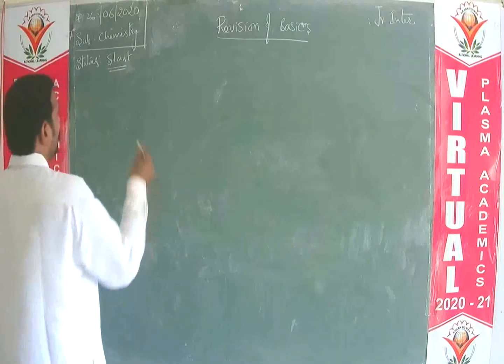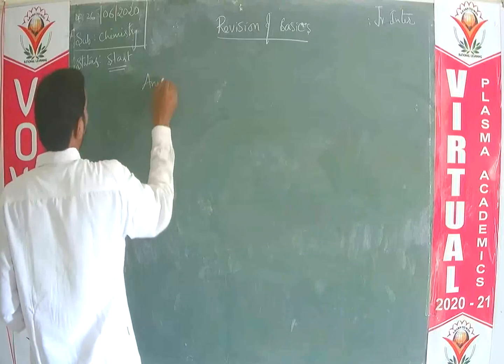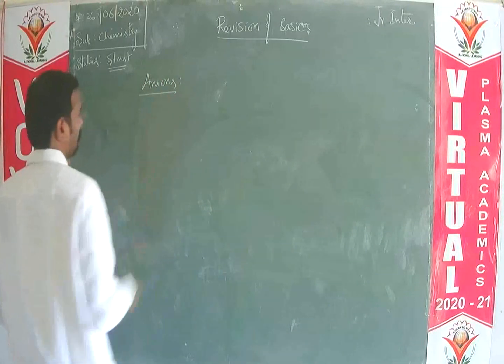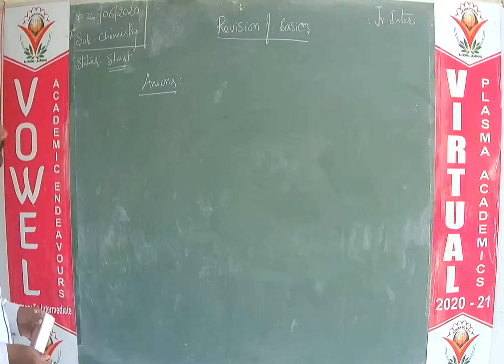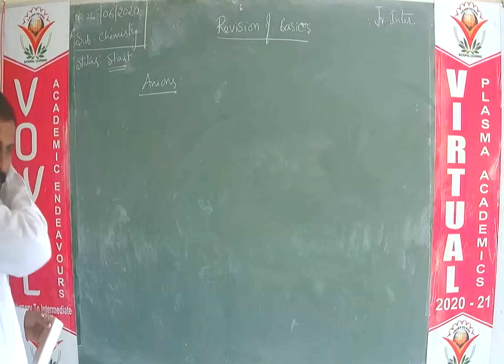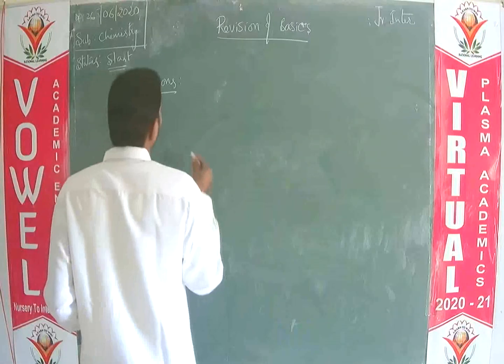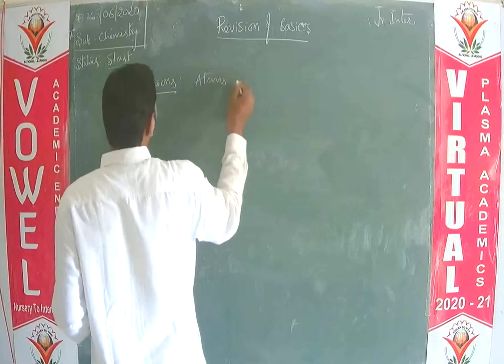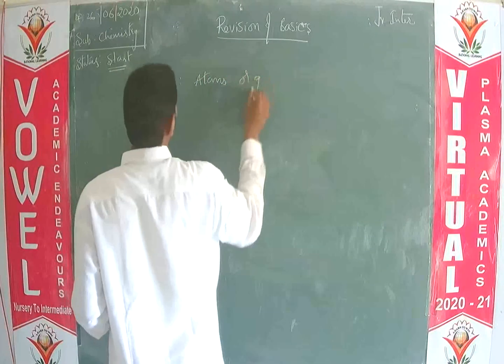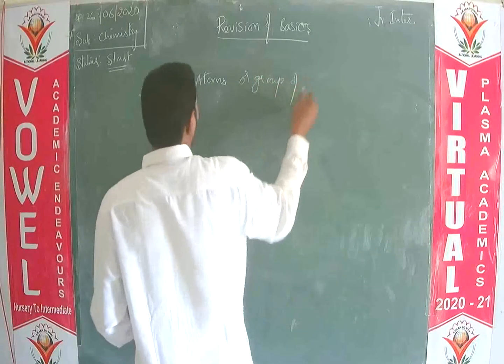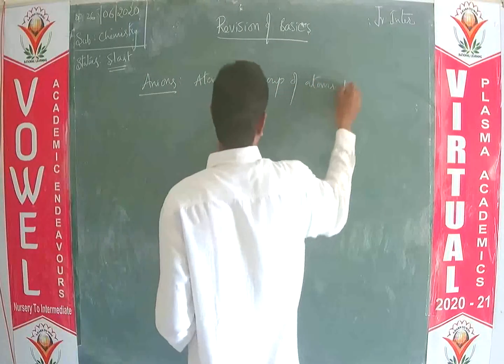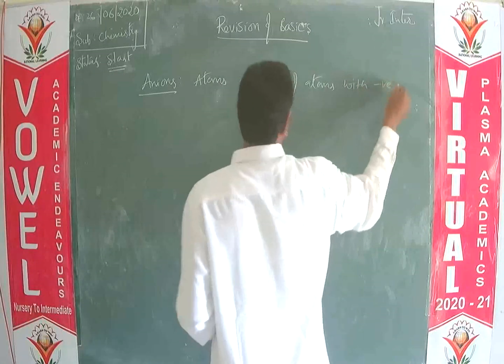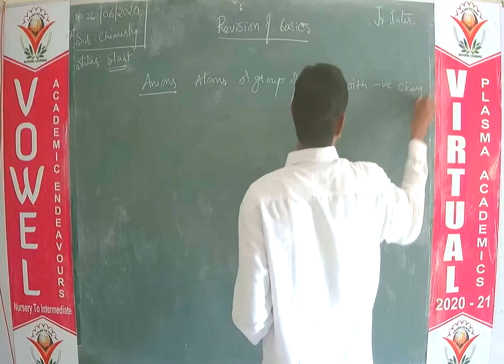Okay, let us come to anions. Here I am writing some examples for anions. Anions are defined as atoms or group of atoms with negative charge.